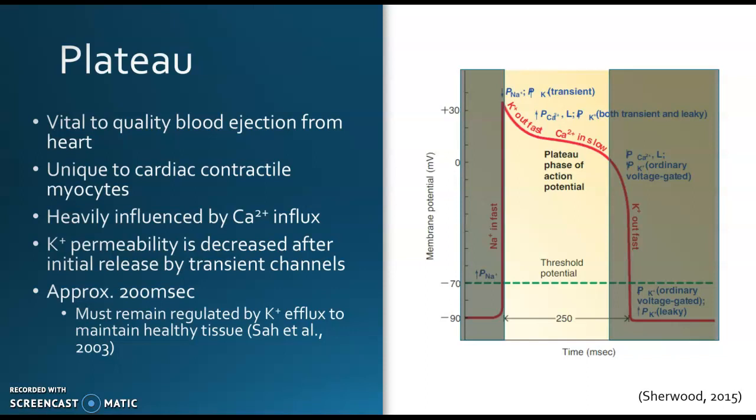On a molecular level, many studies have been done surrounding the potassium and calcium influx and efflux as we are looking at this plateau phase. And what they have found is that while the calcium tends to be the focus of many treatments, of many diagnoses, we also are noticing that having this normal output of potassium is vital.